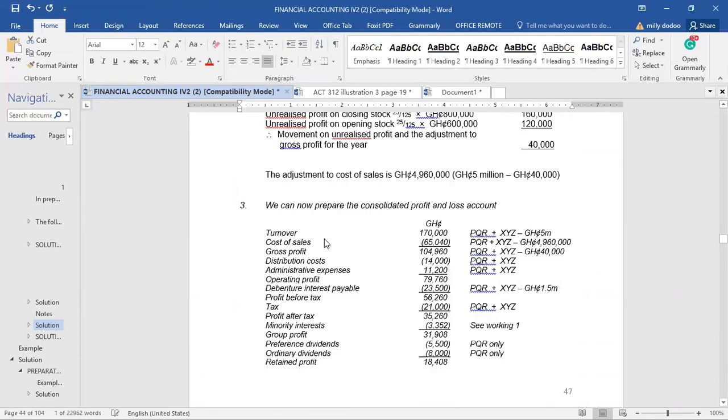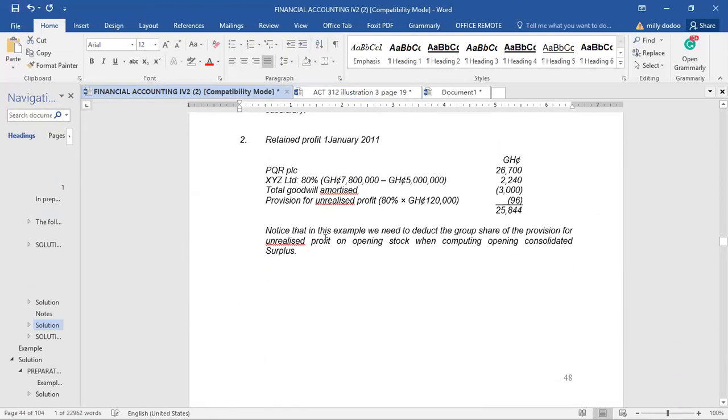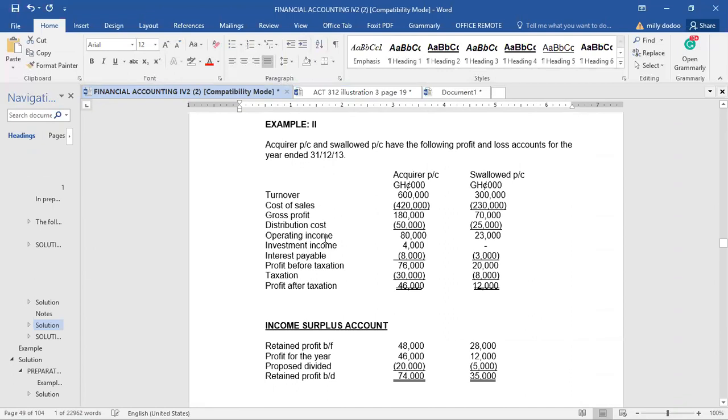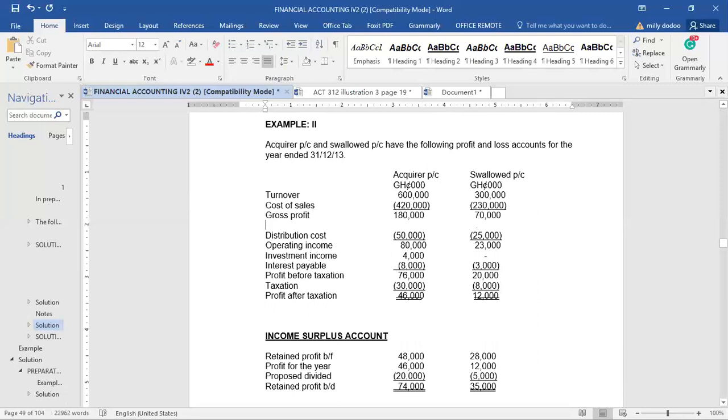So you pick your pen and paper, and you insert the omission over there so that when you are solving, you'll be able to understand. So just under the gross profit, there is an omission of administration expenses.